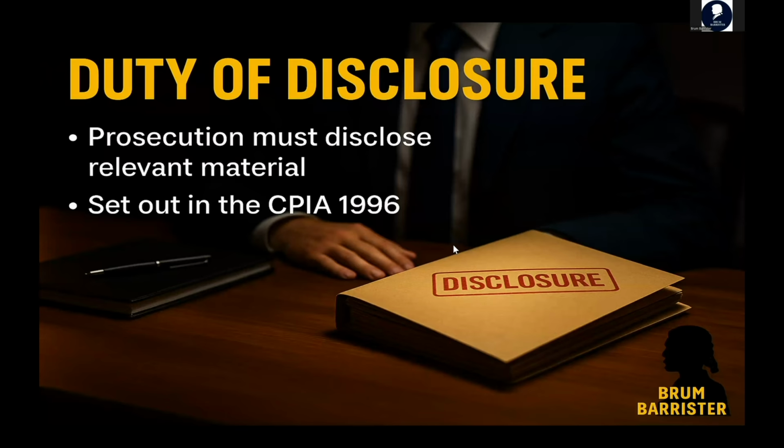The prosecution cannot hide evidence that might assist or undermine. This duty is backed by the Criminal Procedure Rules, Part 15, and guided by the Attorney General's disclosure guidelines. Every officer, from the detective to the reviewing lawyer, must grasp that the job is not to win at all costs, it's to ensure justice is done.